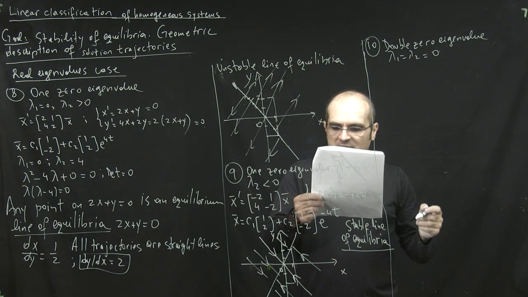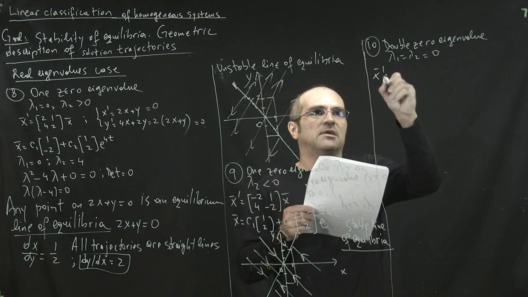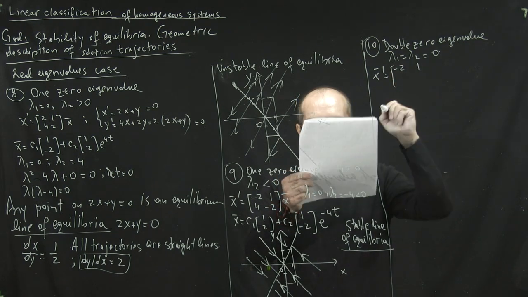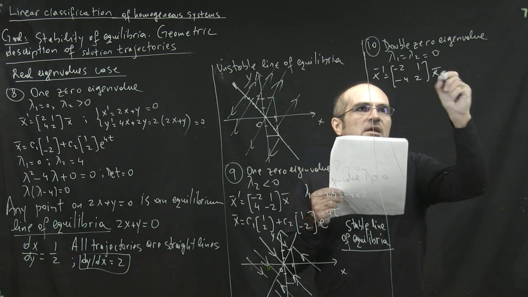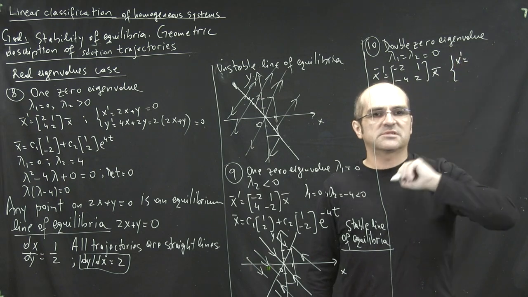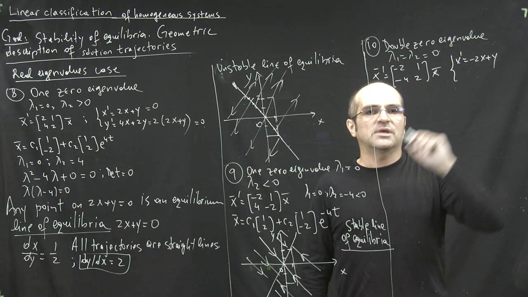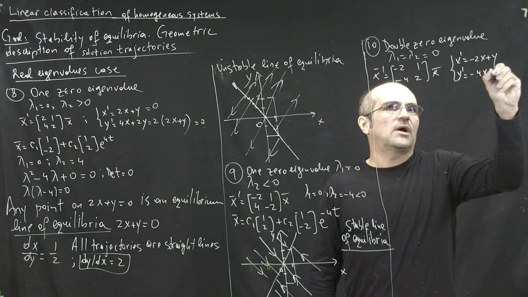And so let me show you the example and point out the main difference here. x prime equals the matrix (-2, 1; -4, 2) times x. And here let's put also the system in component form to see the difference from the previous one: x prime equals -2x plus y, y prime equals -4x plus 2y.